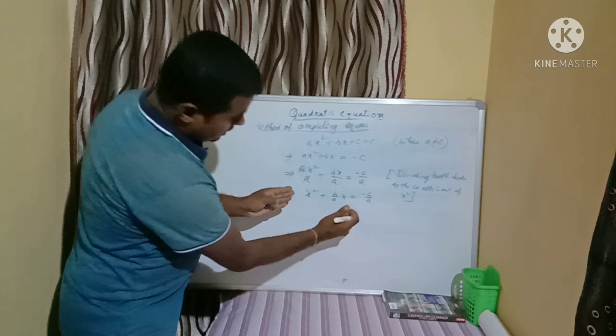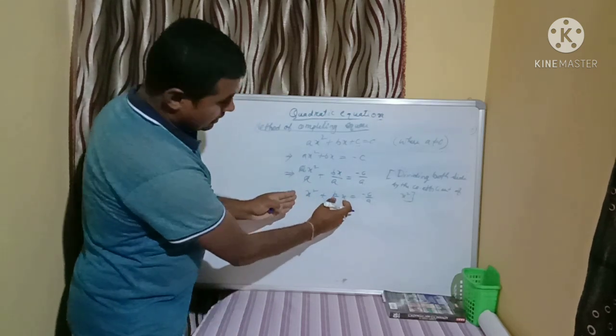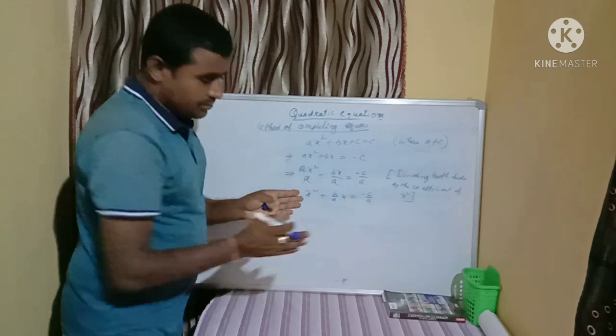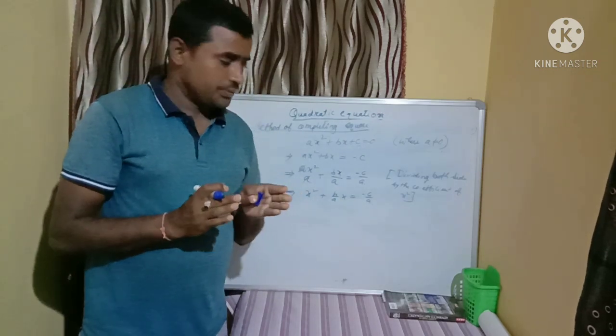Now you see, in the left side we have x square plus b by a x. Now the left side we try to make a perfect square.